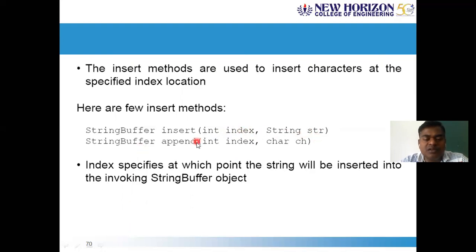Then string buffer, sorry, there is a correction here: insert of int index and char ch. At a specified index, you want to insert a character, and you specify the char ch. The index specifies the point at which you want to insert, and what is to be inserted is defined by the second argument.